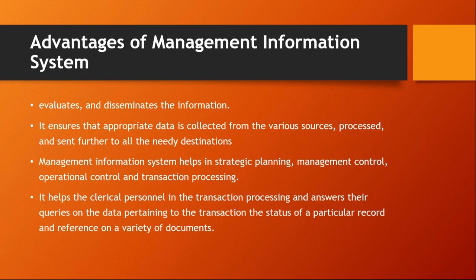So when we talk about management information system, just picture Jumia, Amazon, Alibaba, and the rest of them. The use of management information systems has made it possible for 10,000 persons to make orders at the same time.